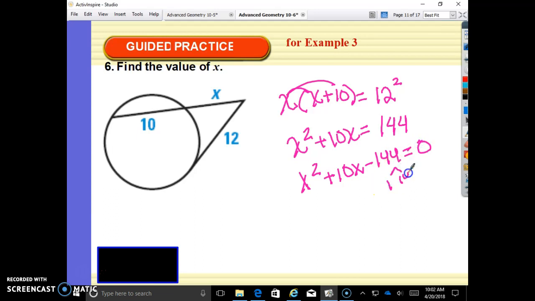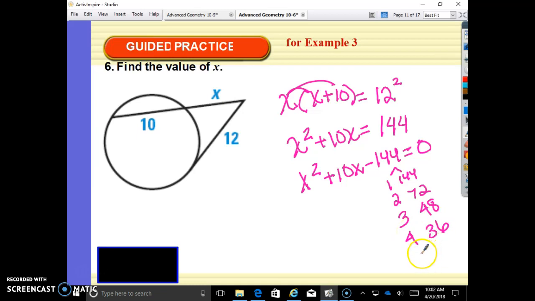1 and 144. 2 and 72. Does 3 work? Should. 3 and 48. 4 and 36.